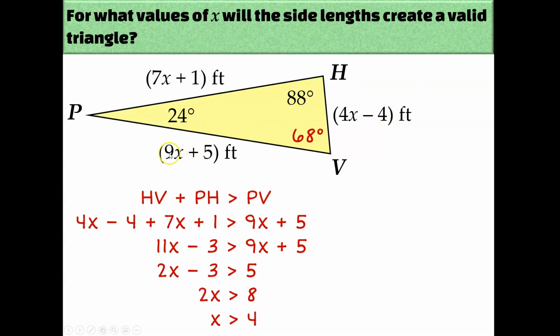Let's compare that to 9 times 3 plus 5. That would be 27 plus 5, which is 32. 32 is longer than 30. So that shows that if I were to plug in a number that's less than 4, the side lengths here would not be long enough to even reach the end of this longest side, let alone make an actual peak to make a triangle.